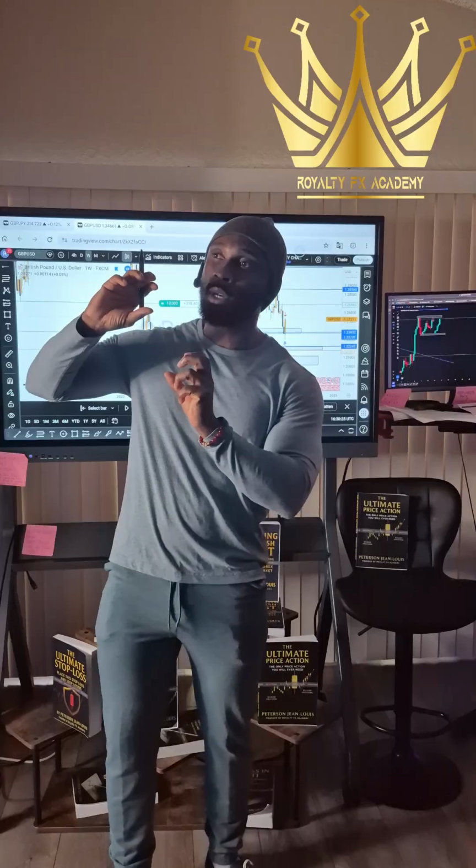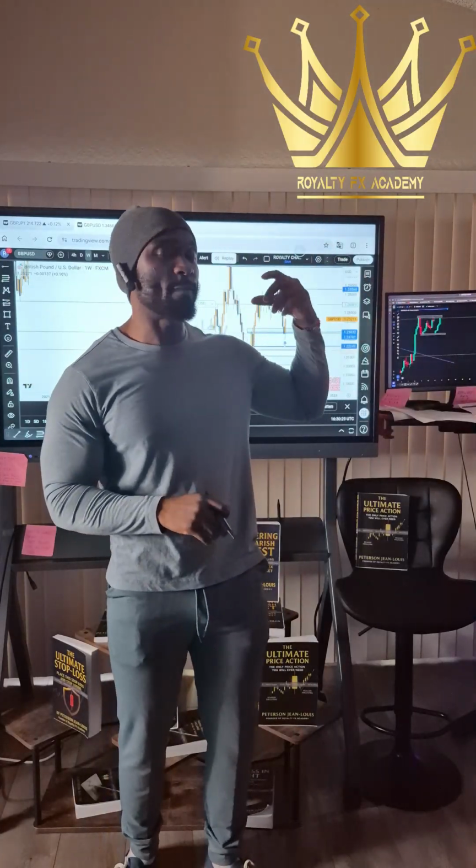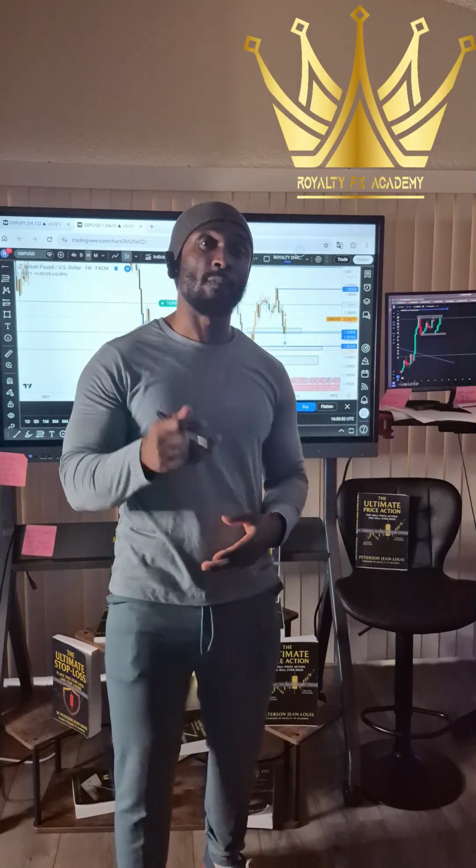You're gonna lose the same amount every time because that's what you say: hey, that's my 1% or that's my 2%. No matter what happened, that's what it is. If my stop loss is 500 pips, I'm gonna drop my lot size so that 500 pips equals 250. If my stop loss is 100 pips or 100 points or 100 ticks, same difference, I am going to drop my lot size so that it equals that 250 or that 100 or $50.